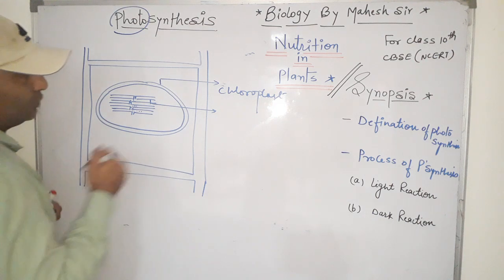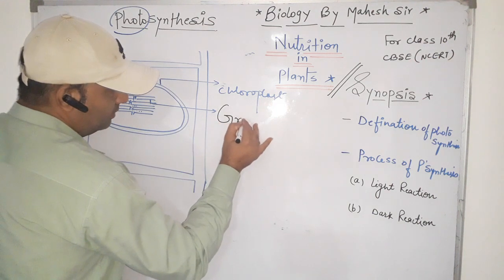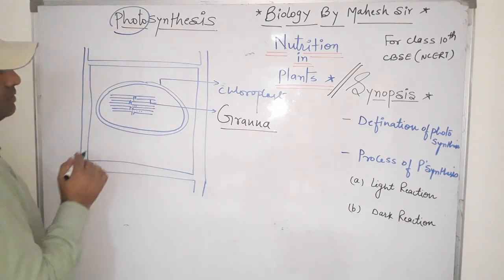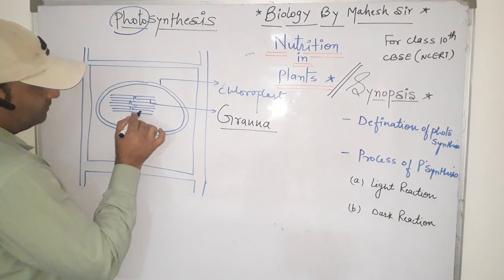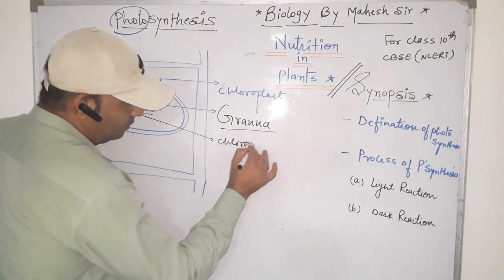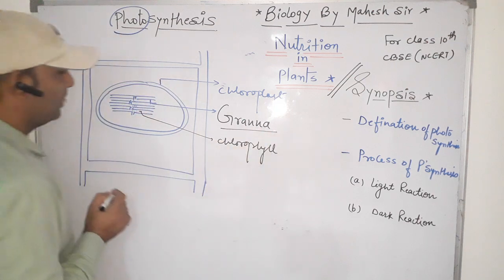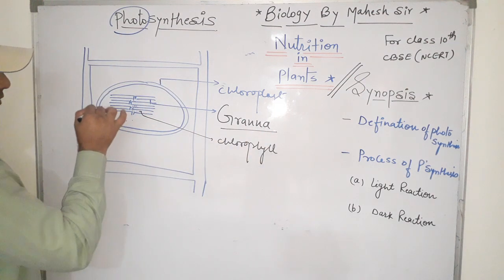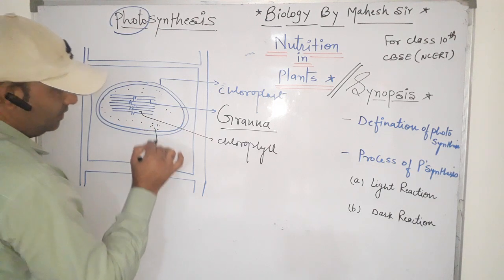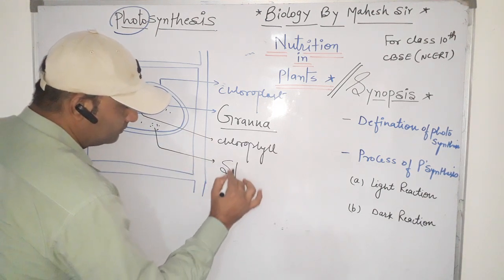The two structures of the chloroplast: first is called grana, thylakoid, and then the dotted structure is called chlorophyll, and the liquid structure in the chloroplast is called stroma.